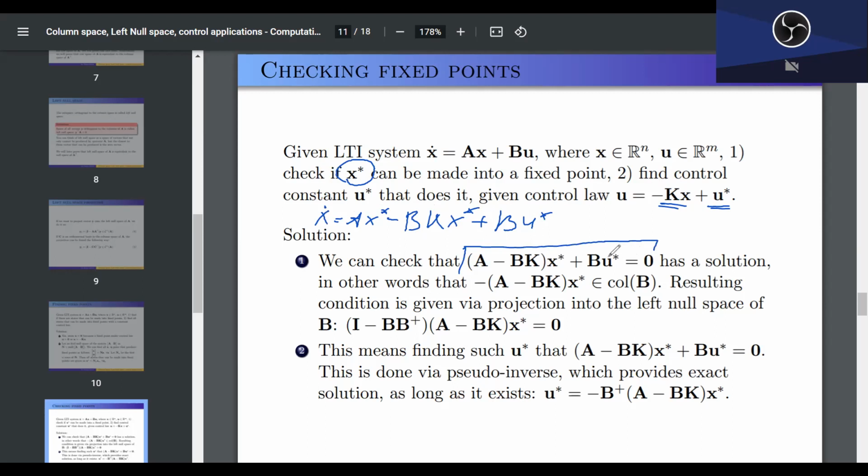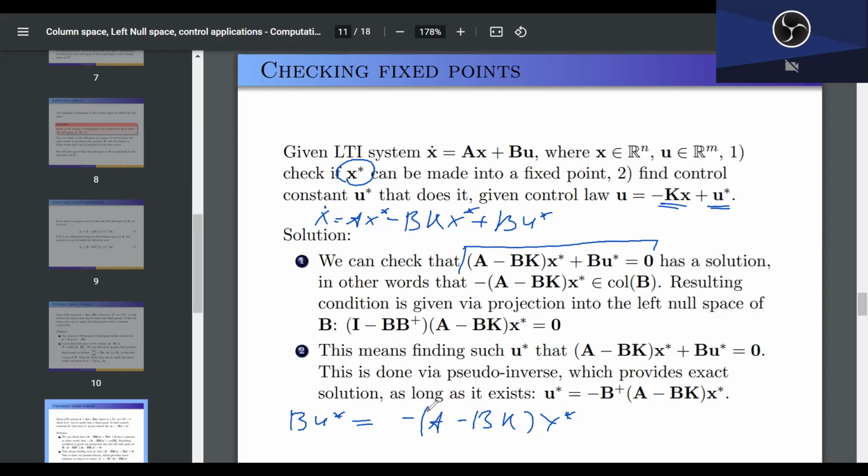We check that it has a solution. What does it mean for it to have a solution? Well, if we rewrite this thing as B u star equals minus (A minus BK) x star, what we care about is whether or not this lies in the column space of this matrix.